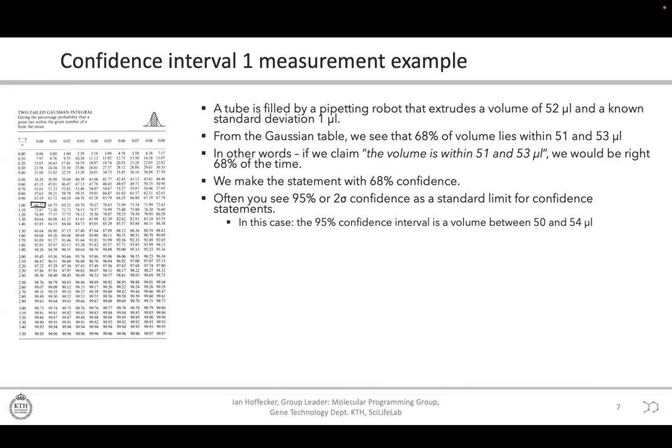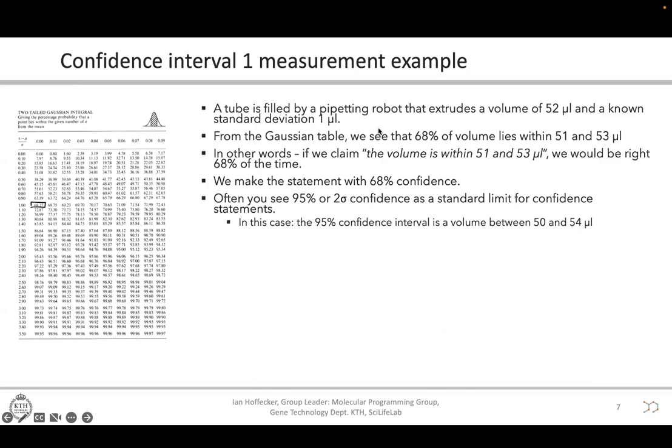So how did we get that? Well, we know that the standard deviation is 1 microliter here. And here I've just rounded it a bit, so it actually should be 68.27, but that is our corresponding probability for 1 standard deviation, which we know is 1 microliter.